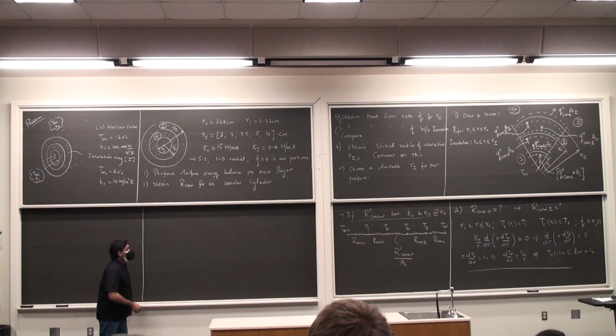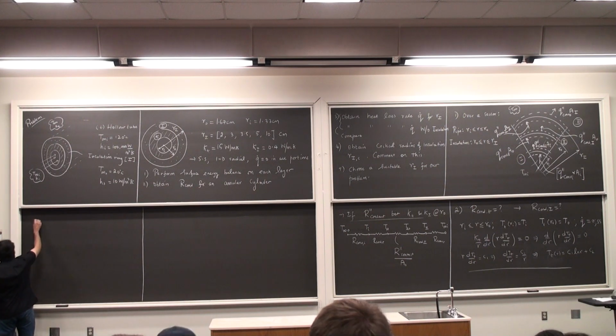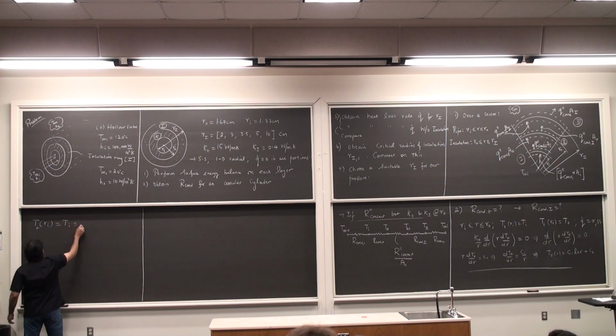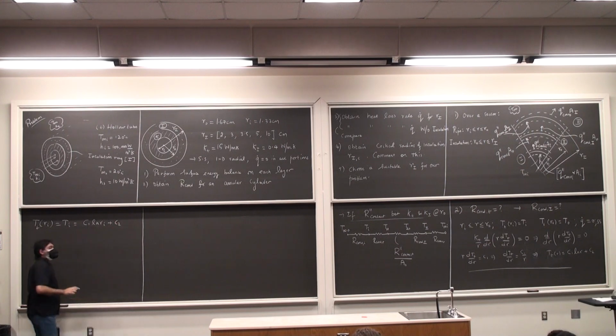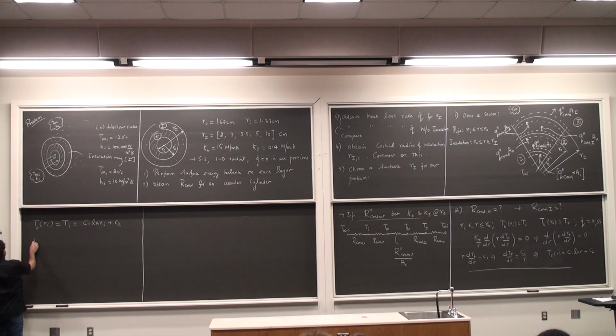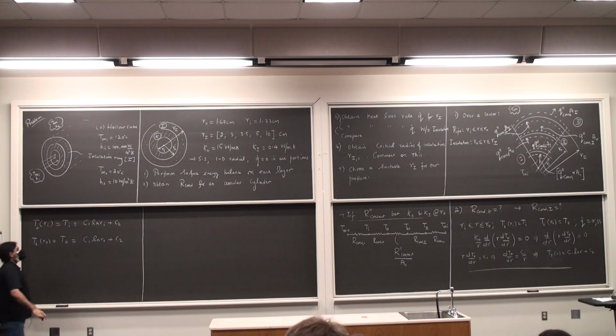So I make use of the boundary conditions. T at Ri is Ti, which is C1 logarithm of Ri plus C2. Likewise, the second boundary condition, T0 is C1 log R0 plus C2. Subtract one from the other.